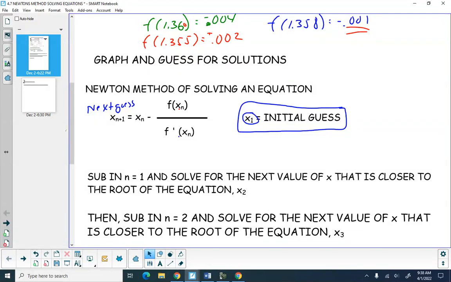Then we sub in n equals 2 and solve for the next value of x that is closer to the root of the equation, which is going to be x3. And we continue this process over and over and over again. You find an initial guess, you substitute it in, you're going to get a second guess. It's going to be closer to the root. You substitute that second guess in, that's going to give you a third guess that's going to be closer to the root, and it will narrow it down.